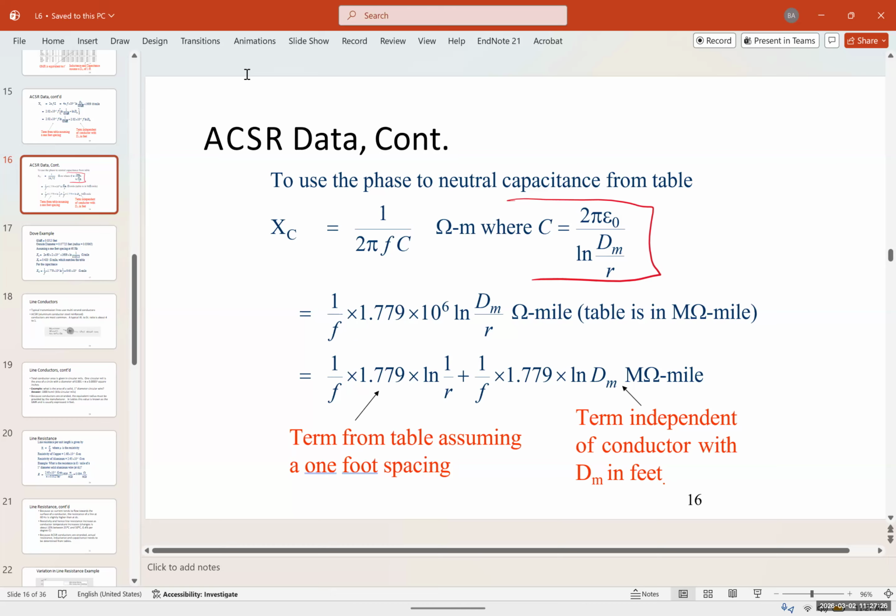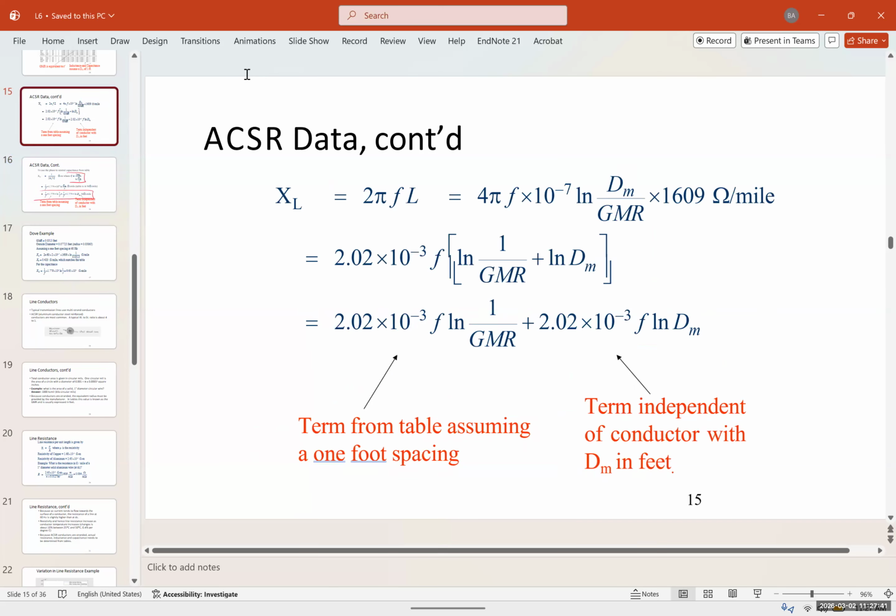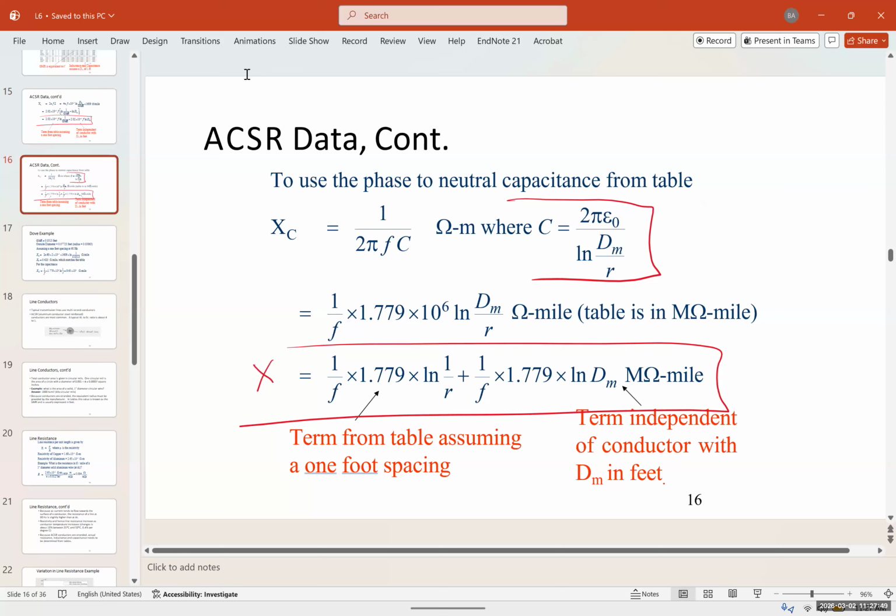The first term is from the table assuming a 1 foot spacing, and the second term is independent of conductor, with Dm in feet. So this is the capacitance, and this is the susceptance, better to say, for the previous one. So this is XC and XL for the previous one.